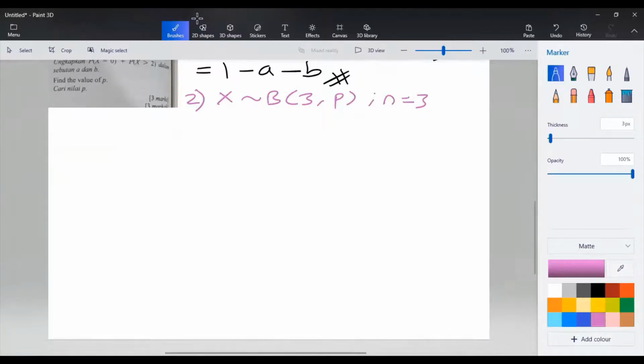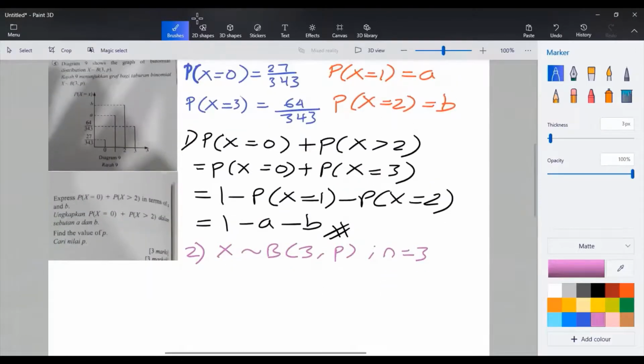When we look at the first statement, x equals 0, what we get from here is nCr, so 3C0 p power 0, then q power 3 minus 0, which is 3. Okay, so this is the first statement and this equals 27 over 343.